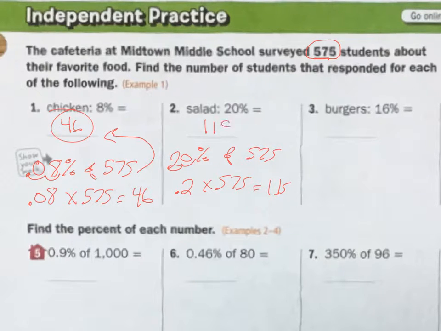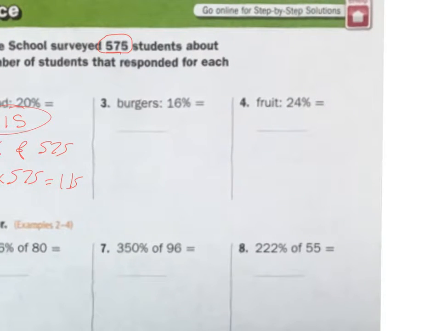So 115 students like salad. Okay, now we got burgers. 16% of 575 like burgers. So 1, 2, 0.16 times 575 equals. And when you do that, you get 92.